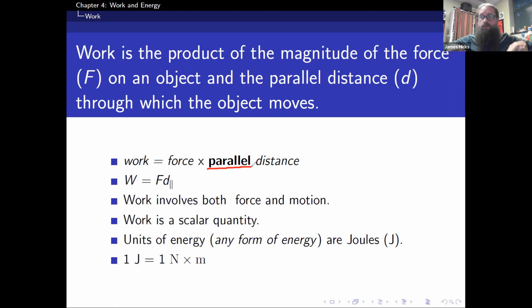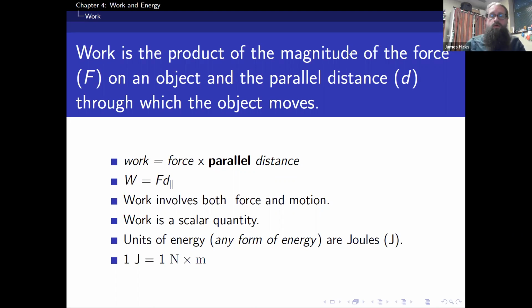Or like on a lawnmower, if I'm pushing down on the handle at an angle, the lawnmower is still only going horizontally. So force and the distance that the object moves don't necessarily have to be the same direction. So what counts is this parallel distance. If I'm pushing down on my lawnmower and it's going that way, I would pick out whatever component of my force is in the direction of motion.